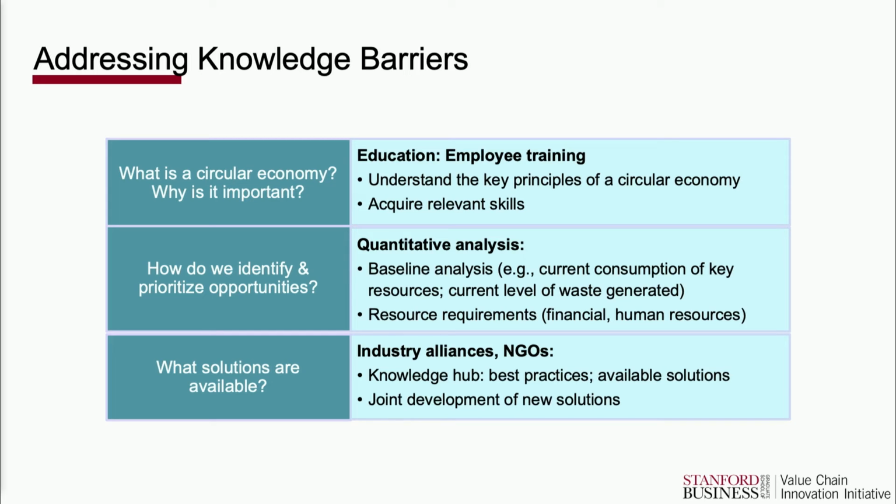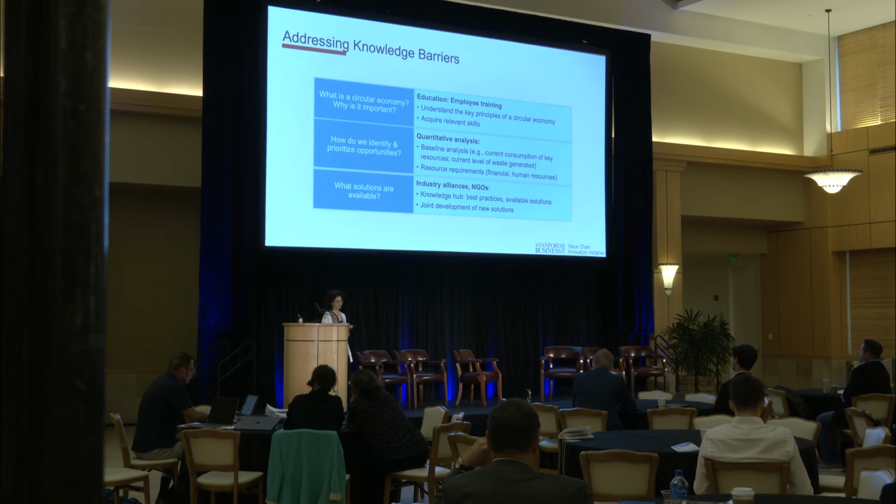Industry alliances and NGOs can serve as a knowledge hub and so provide access to information such as best practices and available solutions. And also peer collaboration can be very helpful when you need to develop new solutions because then you can spread the risk among several parties and also accelerate the development process.